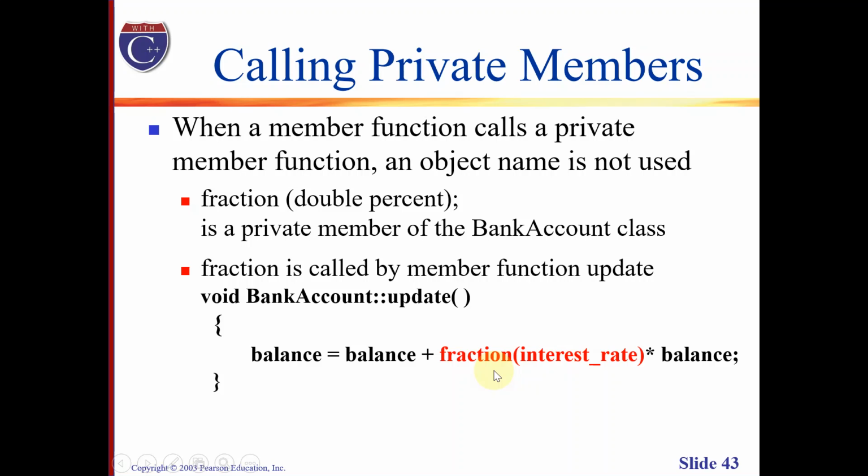In this case, we simply call them by their function name, but they are not linked to a particular object. It's because they are considered as a private member function which belongs to this class.